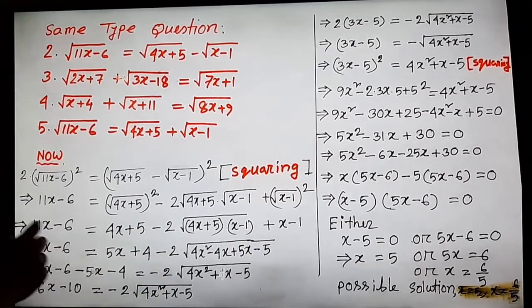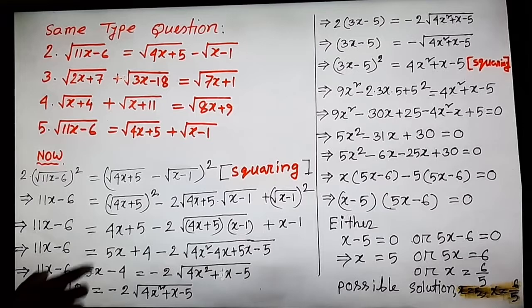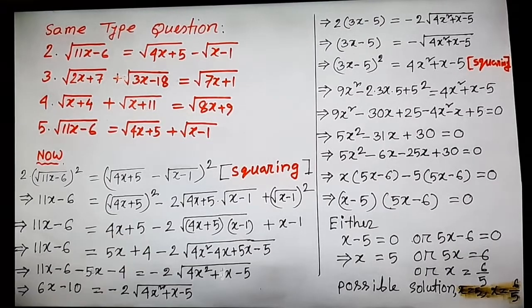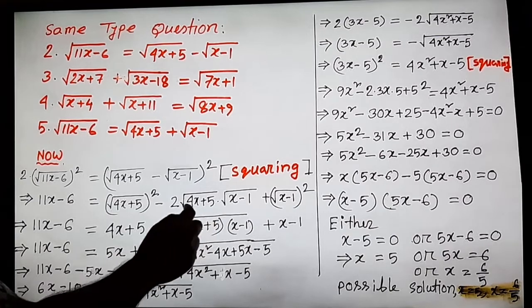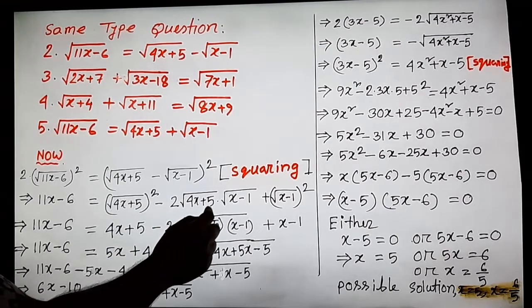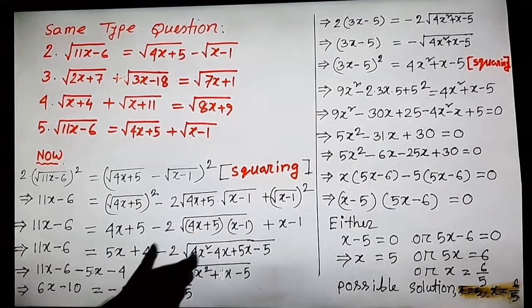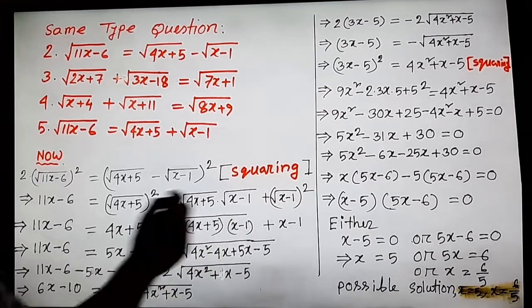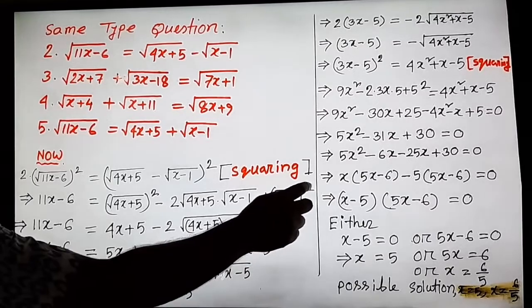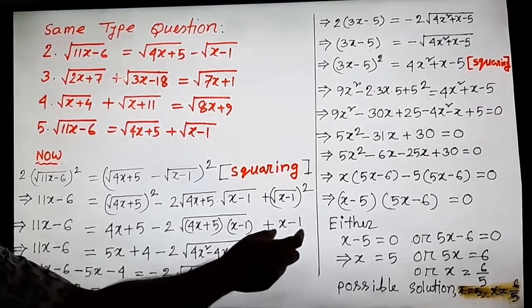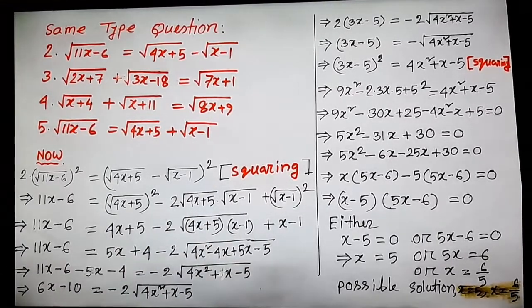So 11x minus 6 is equal to this term 4x plus 5, and in this term root over 4x plus 5 root over x minus 1. So multiply the 2 terms, and the square root will be discarded, and it will be x minus 1.